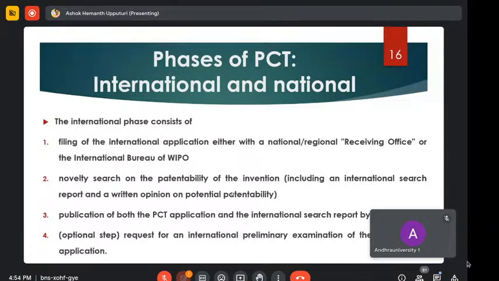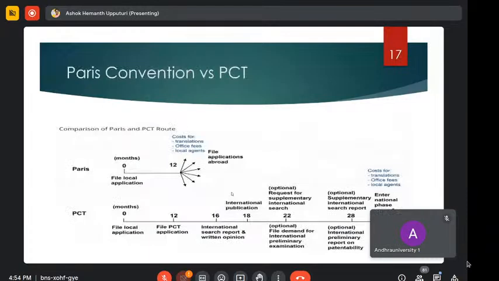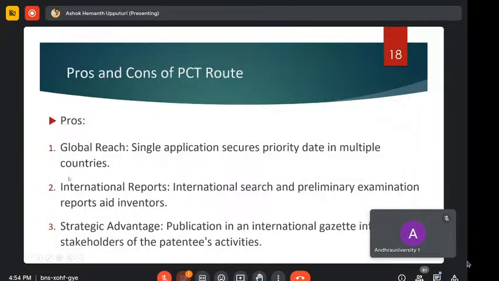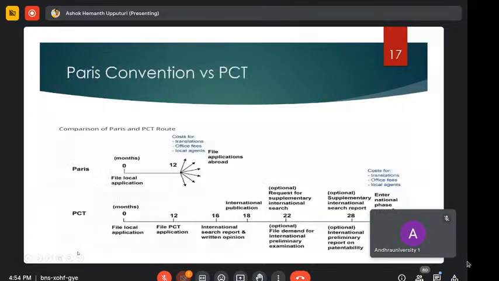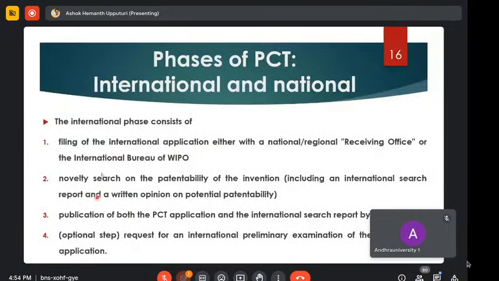As I discussed earlier, the international phase consists of filing the international application either with a national or regional receiving office or the International Bureau of WIPO. So at the 12th month, you can file.